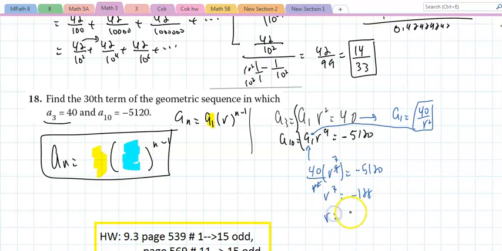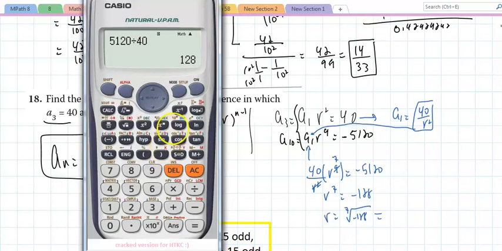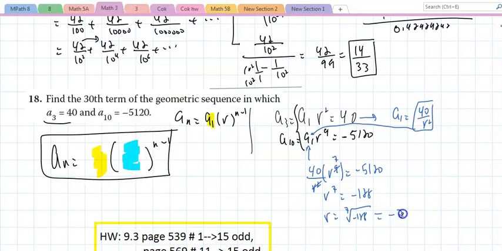And wouldn't r equal the 7th root of negative 128? And what is that? If I raise that to the 1 divided by 7, I'll get a 2, or negative 2. I got r to be negative 2.